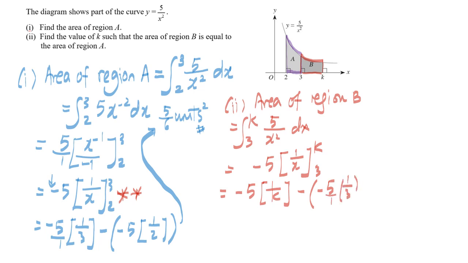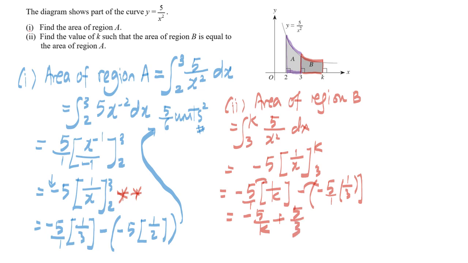1 over 3. Okay, let's try to simplify it first. Right, negative 5 is negative 5 over 1, so you multiply numerator, that gives you negative 5. Multiply denominator, 1 times k will be k. Minus times minus gives you a positive. That gives me 5 over 3.